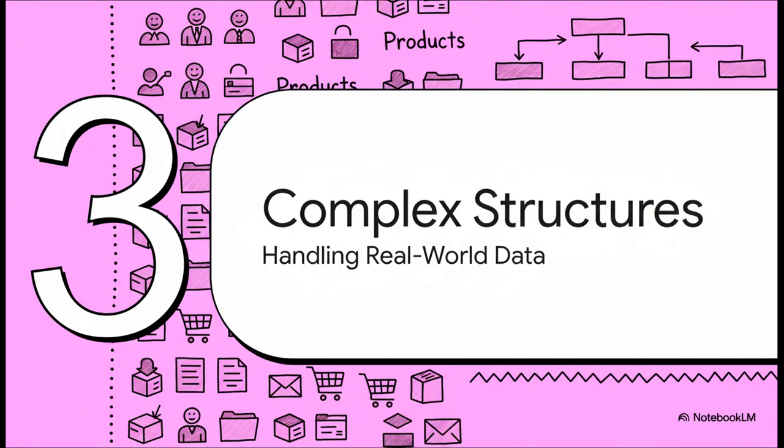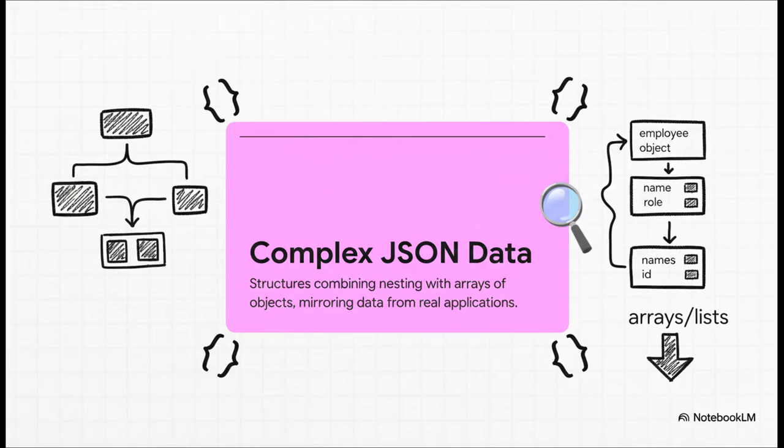Okay, let's level up. We're ready to tackle the kind of data you're actually going to see out there in the wild. Real-world apps rarely hand you one single neat object. More often than not, you're going to be dealing with lists of things, multiple users or products or records. And that brings us to what we call complex JSON. It's really just a mix of everything we've already seen. You have nested objects, but now they're inside arrays or lists.